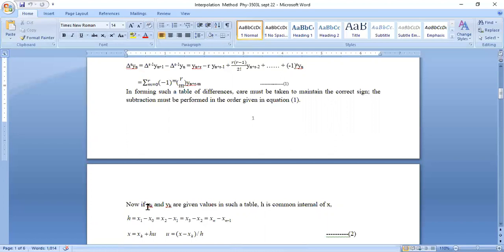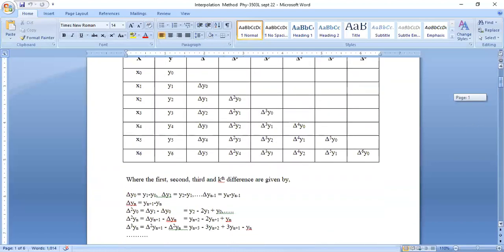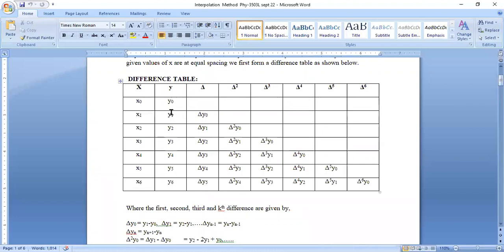So xk and yk are given values in a table. h is the common interval of x, which I have already mentioned. You can look at your table: h is basically x1 minus x0, x2 minus x1, x3 minus x2, x4 minus x3, x5 minus x4. So h is known.